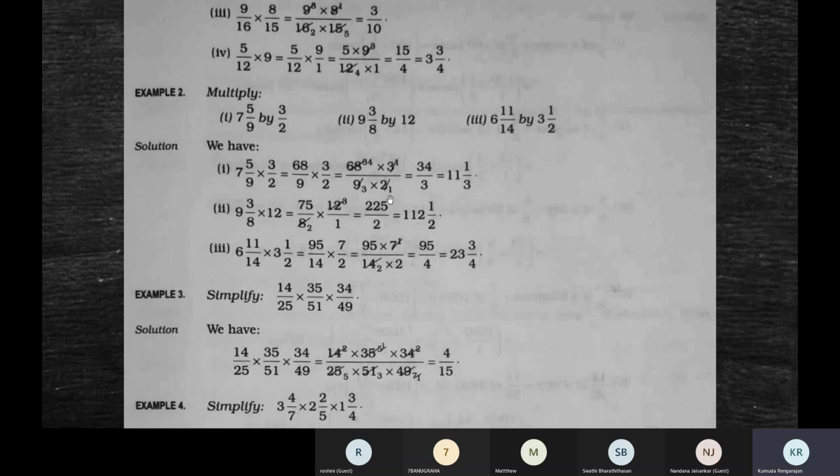Then you can simplify 12 and 8. Both 12 and 8 come in the tables of 4.